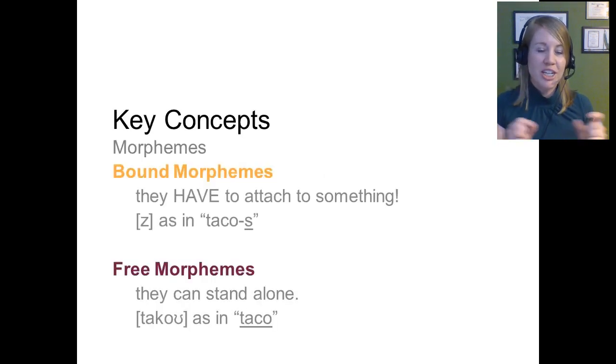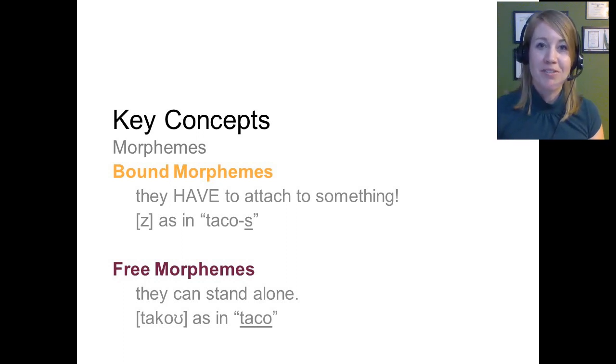But we want to differentiate another level of morphemes. Some of you are thinking about this already, and I want to tell you there's a description for what you're thinking. There's a difference between bound morphemes and free morphemes. In short, bound morphemes are morphemes, units of meaning, that have to attach to something. They can never exist as their own word.